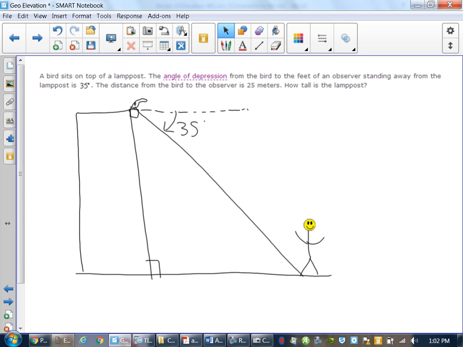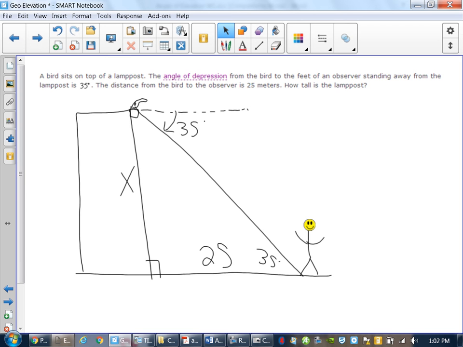Now, if I'm saying that it's 25 meters from that, would be this part. How tall is the lamppost? Well, I'm trying to find that. So if my angle of depression is 35, what's it down here? 35. There you go. What trig function are you going to use? Am I trying to find a diagonal?